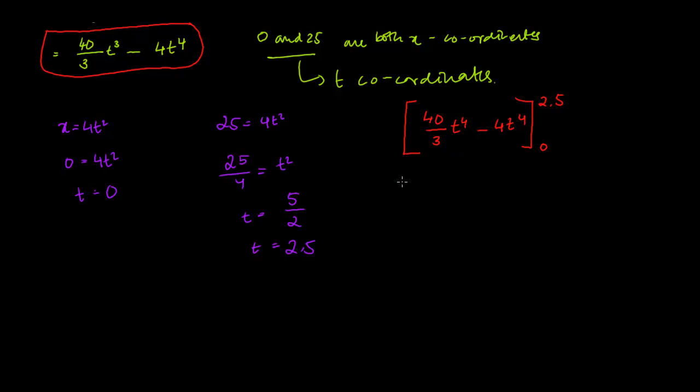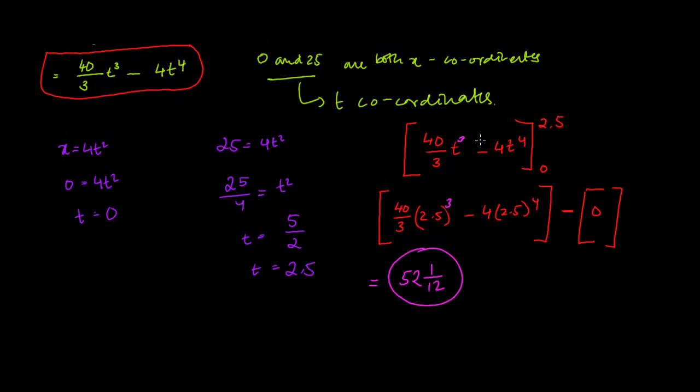So 40 over 3 times 2.5 cubed minus 4 times 2.5 to the power of 4, minus 0. Why? Because 0 cubed times 40 over 3 is equal to 0, and 4 times 0 to the power of 4 is equal to 0, so 0 minus 0 is equal to 0. That's really all there is to it.